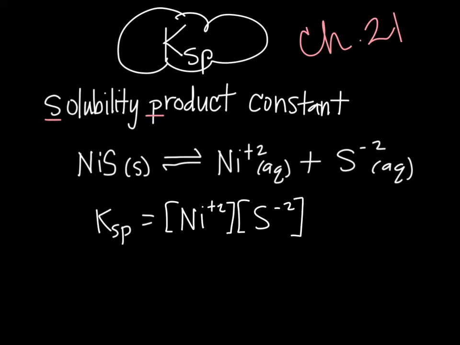The Ksp value for this is 4 times 10 to the negative 20. See how small that exponent is, to the negative 20. That is telling us that it does not separate into ions very much at all.